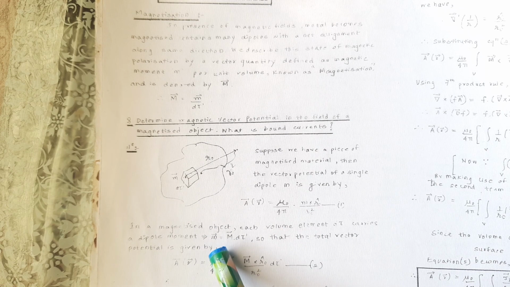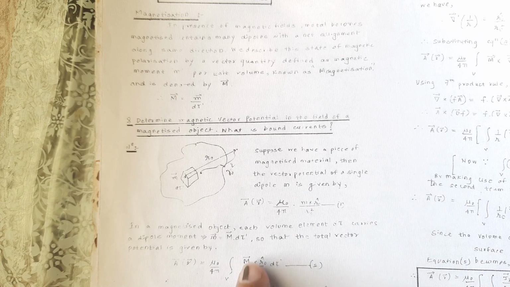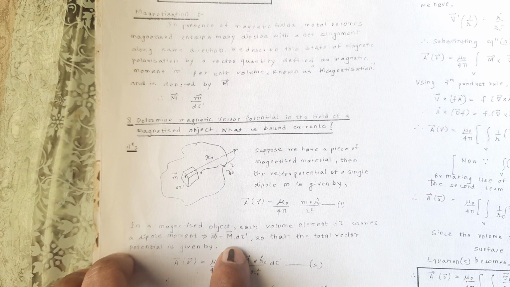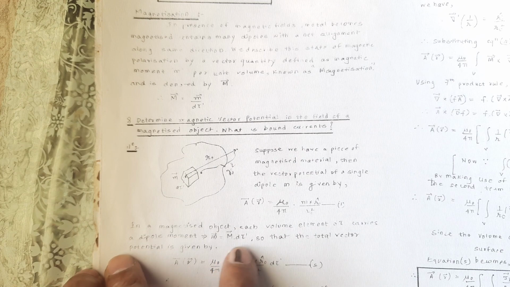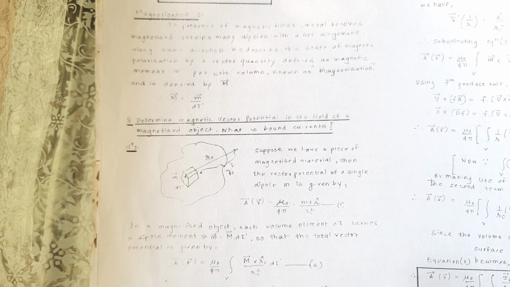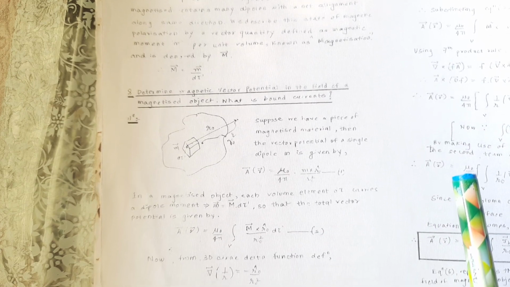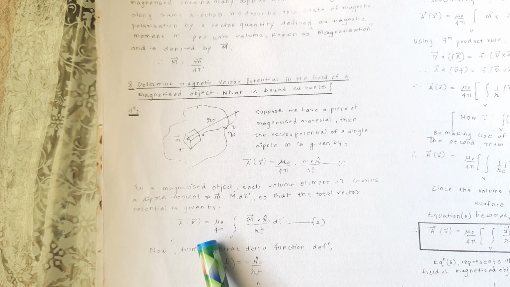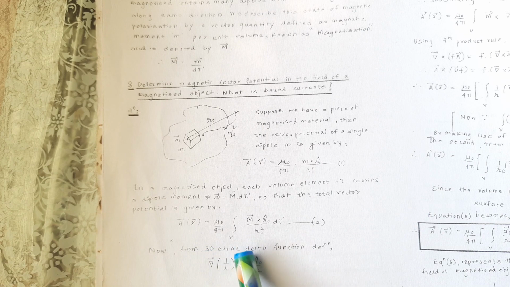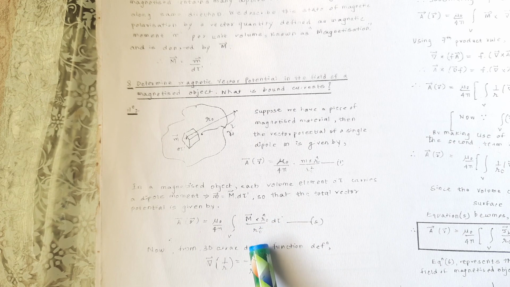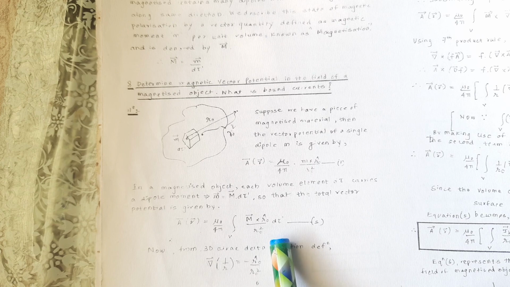So we can write m bar is equal to M bar into d tau dash, where M is the magnetization multiplied by that volume element, so that the total vector potential is given by this equation. A(r) bar is equal to mu 0 upon 4 pi volume integral of M bar cross r naught cap upon r naught square into d tau dash.